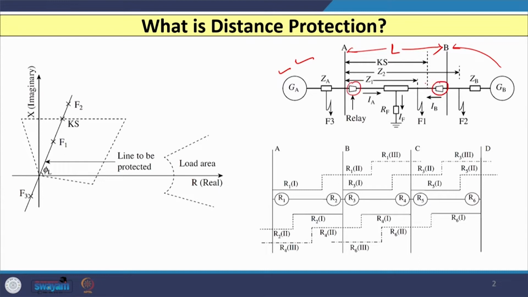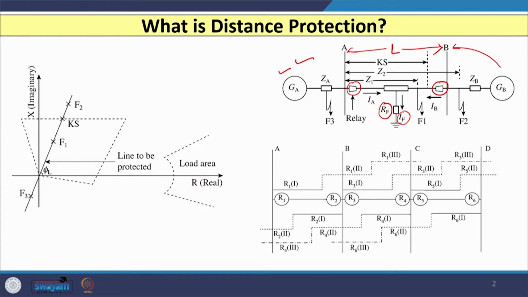Now, if I consider a fault, let us say at the middle of this line with fault resistance RF, then two currents are available, one from substation A and another fed from substation B, and your fault current IF is nothing but the addition of the current available from substation A and the current available from substation B.